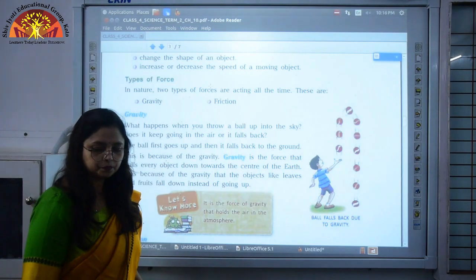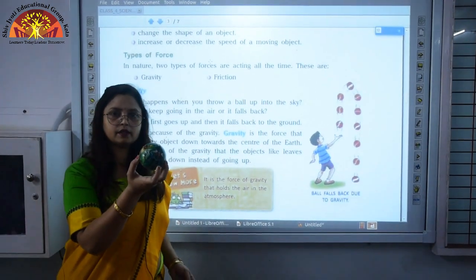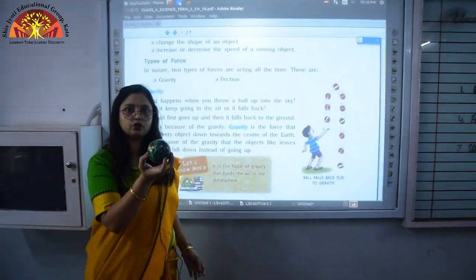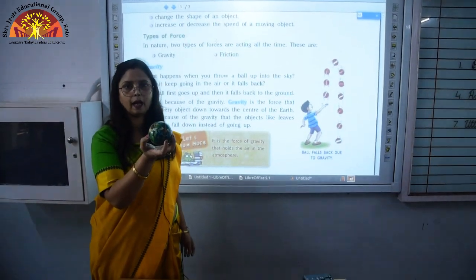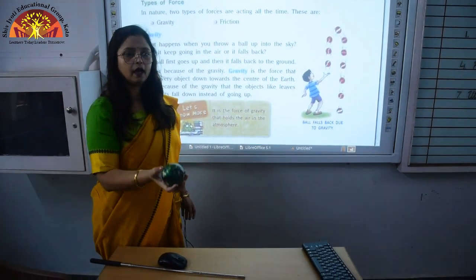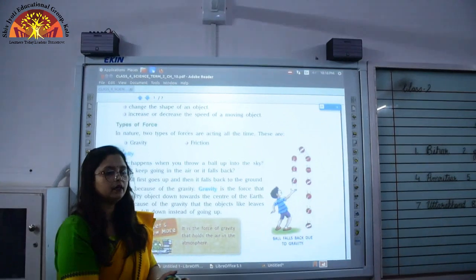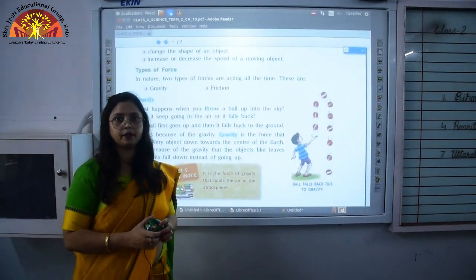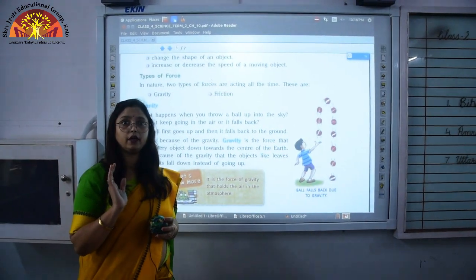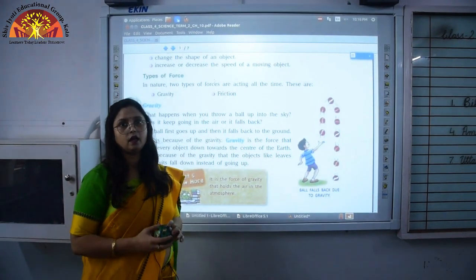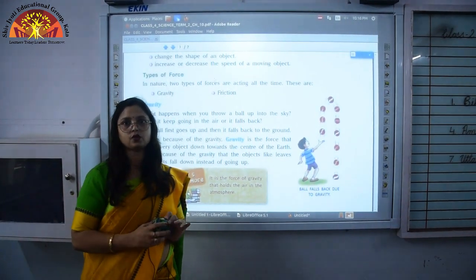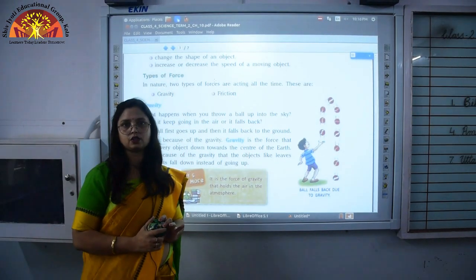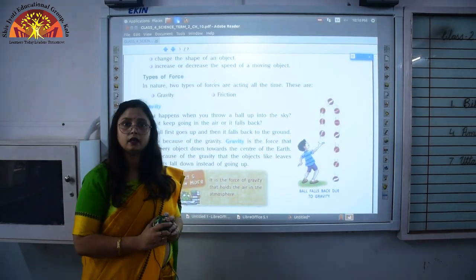So, children, see here, this is a ball. Now, when I throw this ball up, what will happen to it? Let us see. I have thrown this ball up, but it came back to my hand. So, why did this happen? Why didn't it fly away up in the sky? Because there is a force called gravity or gravitational force which is acting in nature.